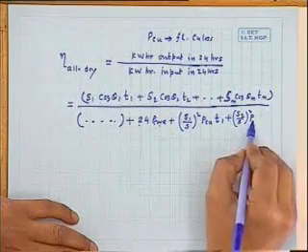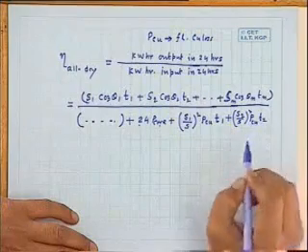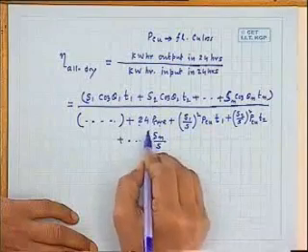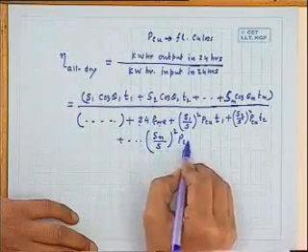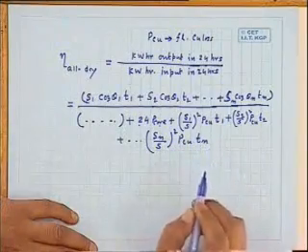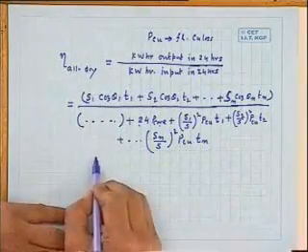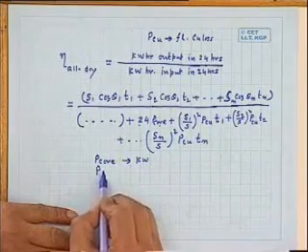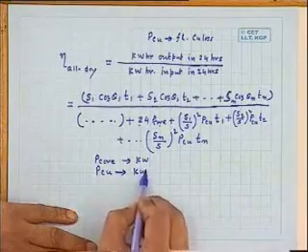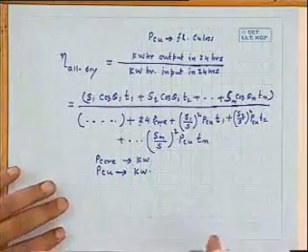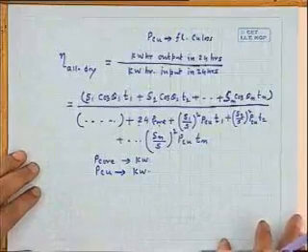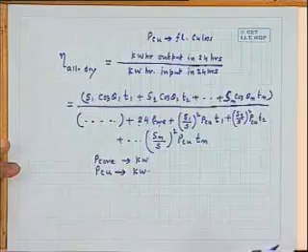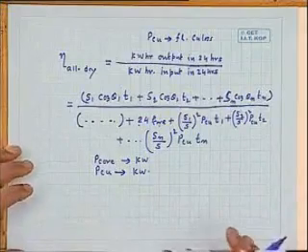This way it will go, S2 by S whole square, PCU T2, and so on. And lastly, Sn by S whole square, PCU into Tn, where P core and PCU are expressed in kilowatt.